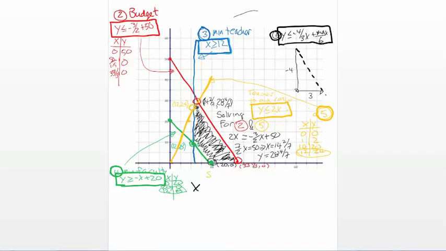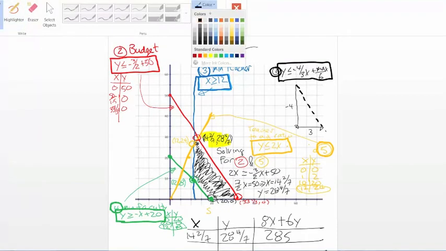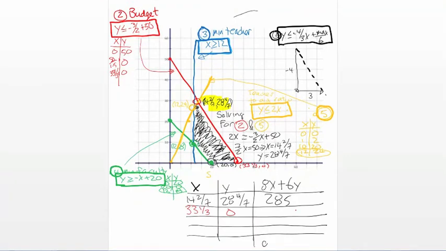So to solve for this linear program, we just use the theorem that says if you check all 5 corners, one of those will be the maximum. So the first corner we're checking is the 14 2/7 by 28 and 4/7, and we get 285. Let's go through the other corners.